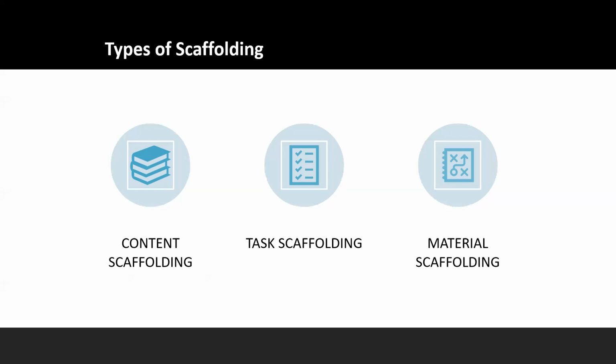So one of the things I do sometimes is I'll use concept maps. I might share a concept map that shows the different steps in the process of research, or I might ask them to create a concept map that visually represents their learning.